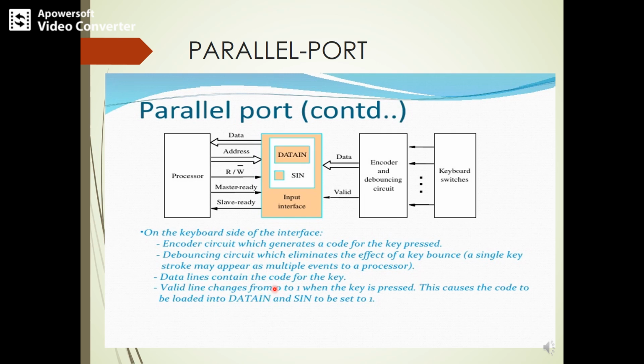The data lines contain the code for the key. These data lines contain the corresponding ASCII code for the key, and the valid line changes from 0 to 1 whenever the key is pressed. So if the valid line is set to 1, I can say that a key is pressed on the keyboard.